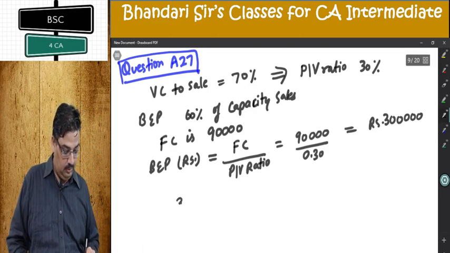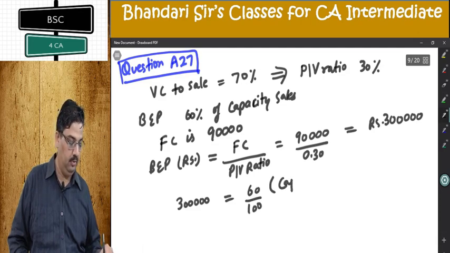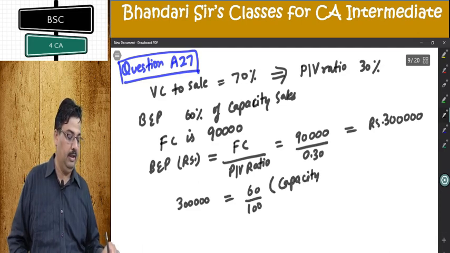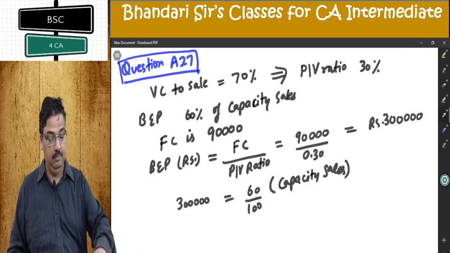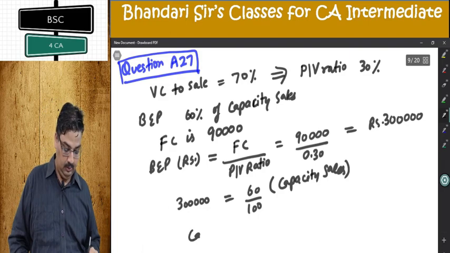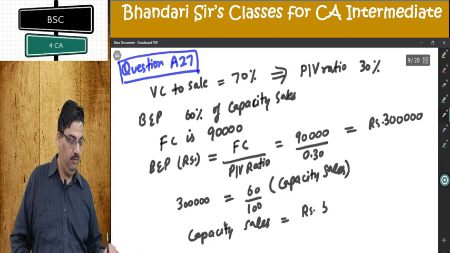Now, 3 lakh is equal to 60% of capacity sales. So capacity sale will become 5 lakh rupees. Capacity sale equals rupees 5 lakh.